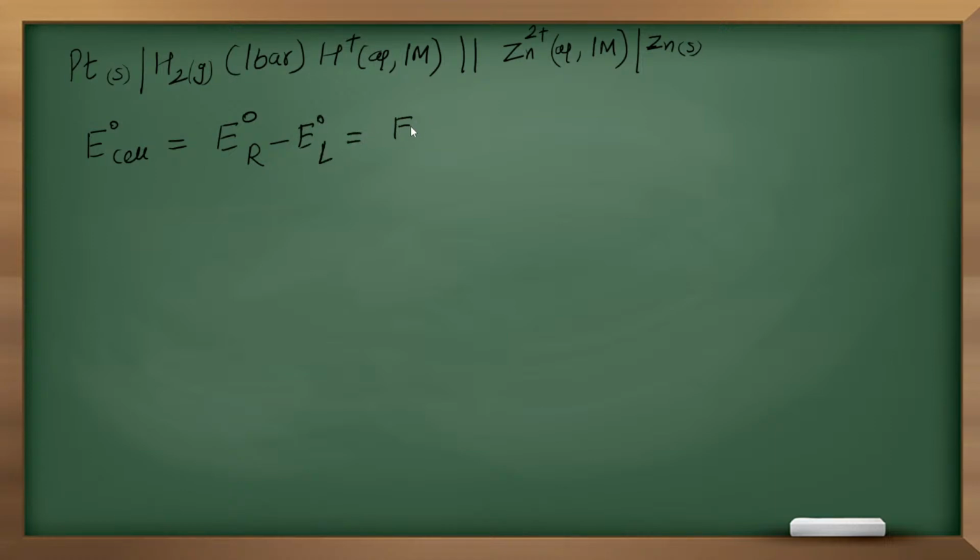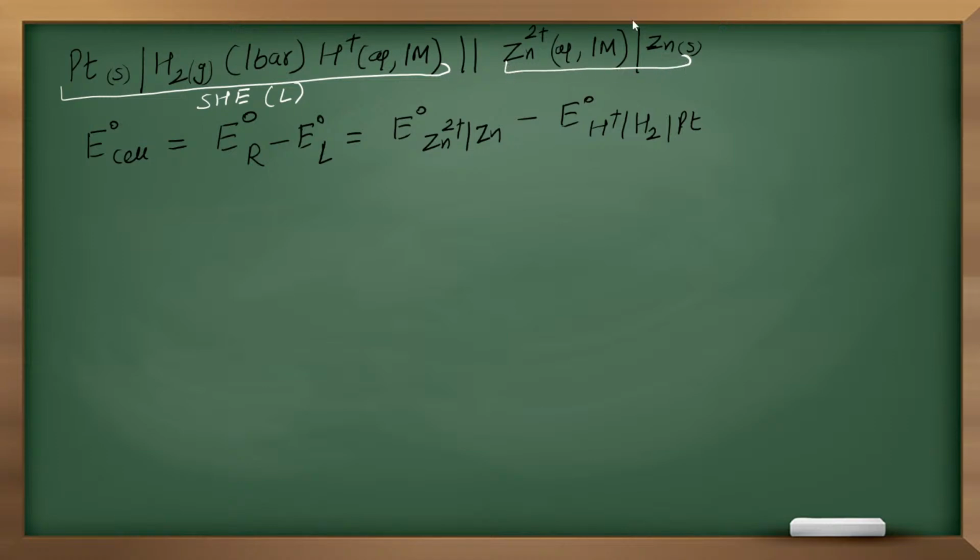E naught right means E naught zinc 2 plus zinc, minus E naught H plus H2 Pt, which is the standard hydrogen electrode on the left side, with the zinc electrode on the right side.